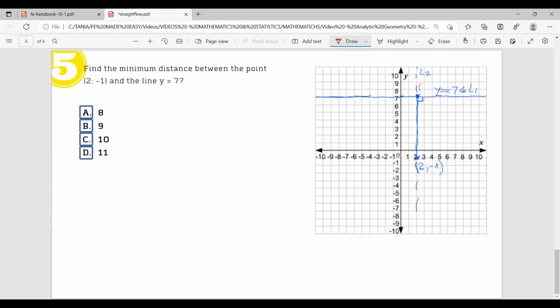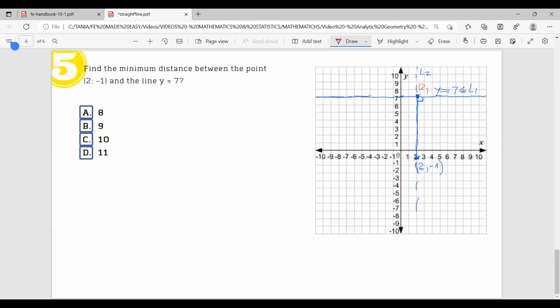And this means that this point over here is going to have the same x as this point here.